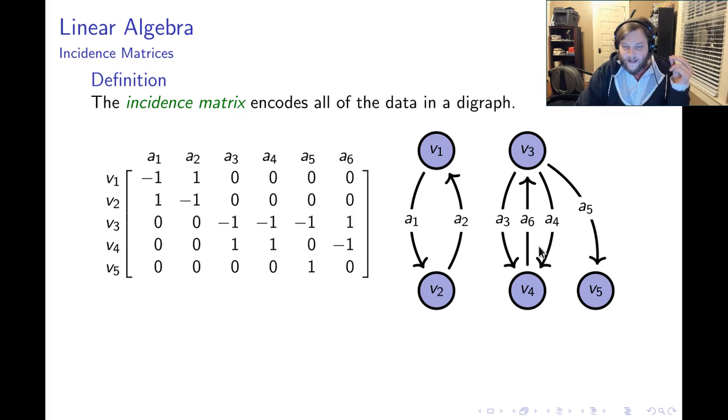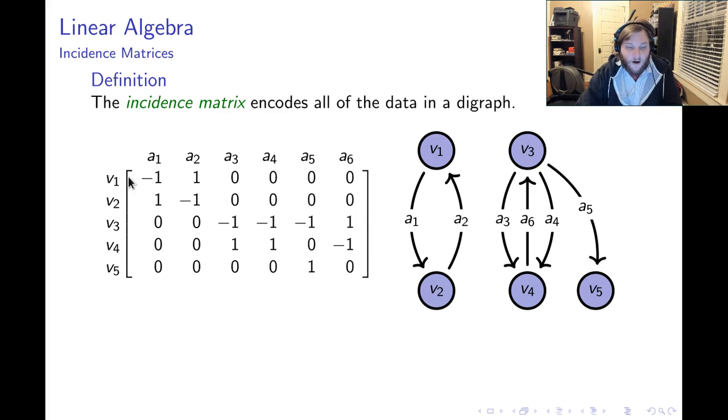The incidence matrix is a matrix where the number of rows is the same as the number of nodes in the directed graph. So here, because this directed graph has 5 nodes, the incidence matrix will have 5 rows. The incidence matrix has number of columns equal to the number of arrows in the directed graph. Here the number of arrows is 6, so this incidence matrix has 6 columns.